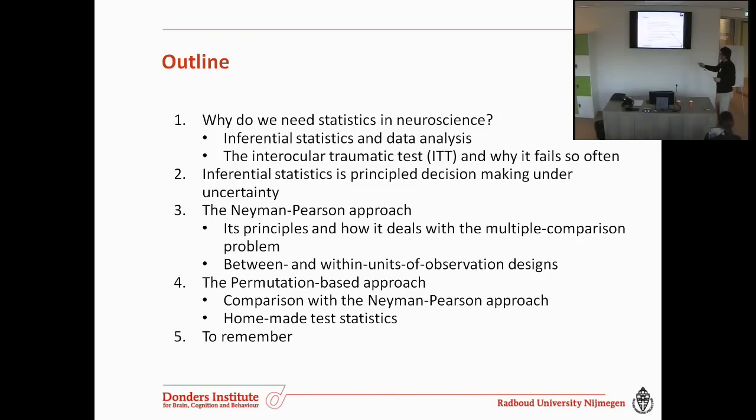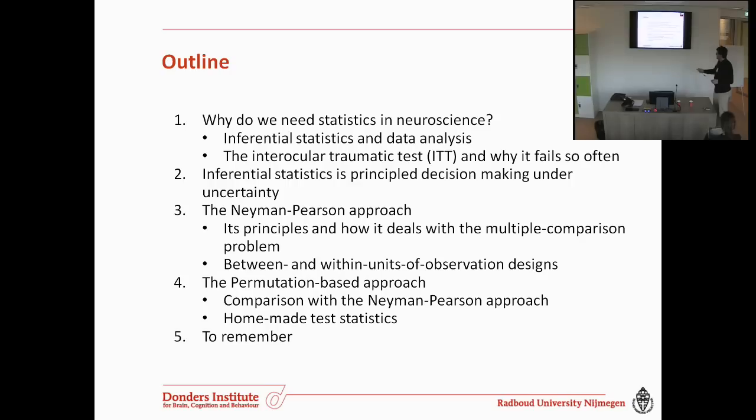I will briefly say something about the general idea behind inferential statistics, and the general idea is, in a nutshell, principled decision making under uncertainty. I will then discuss two different approaches to inferential statistics. The first one, most of you will know, the so-called Neyman-Pearson approach. It's the approach that most of you had in introductory statistics courses at the bachelor level.